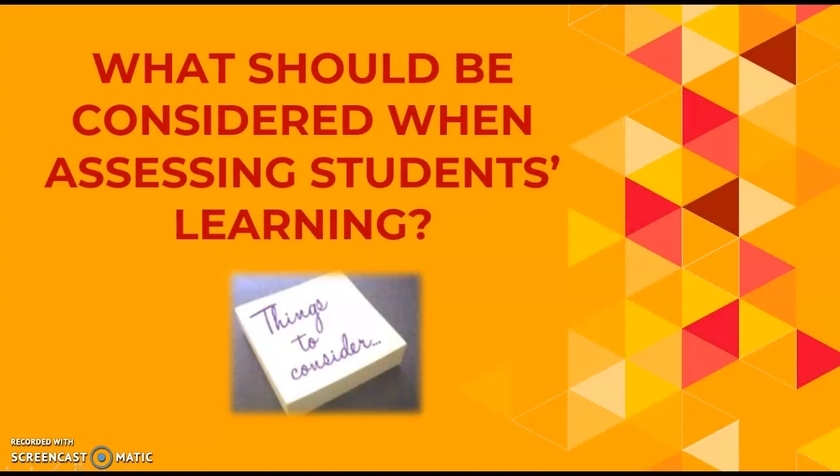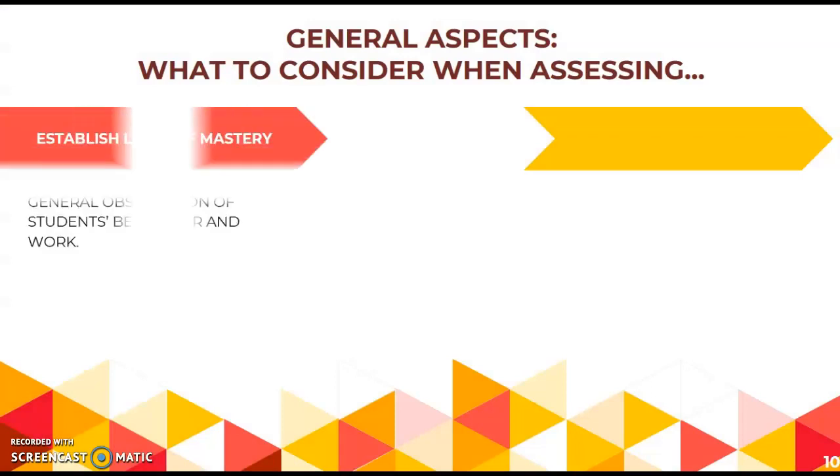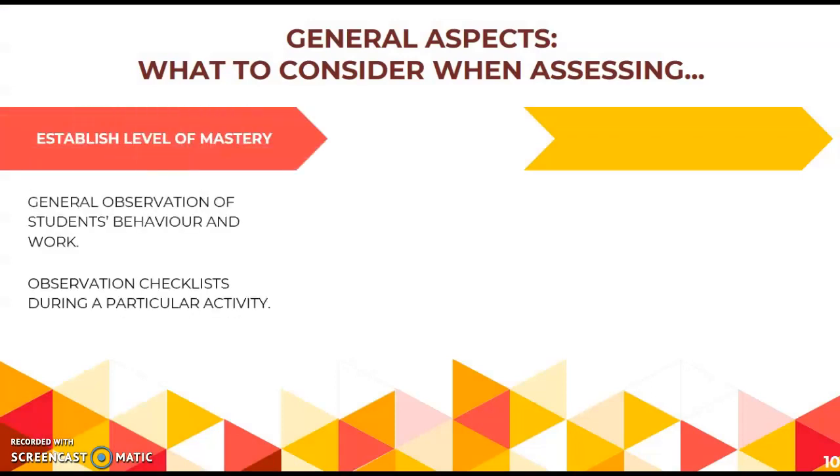Right, so now the question is, what should be considered when assessing students? So in order to establish our students' level of mastery, our students' level of English in this case, we need to observe them and pay attention to their behavior, to how they work in the classroom.